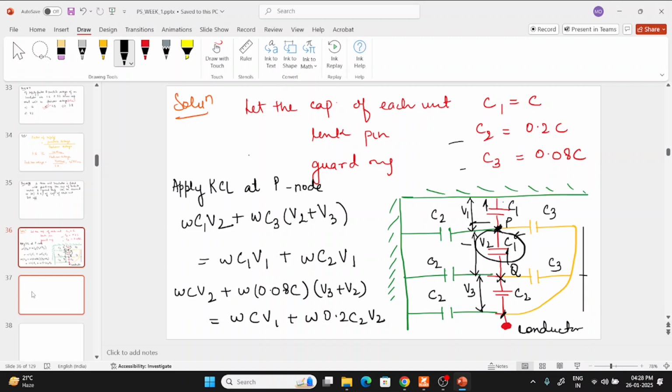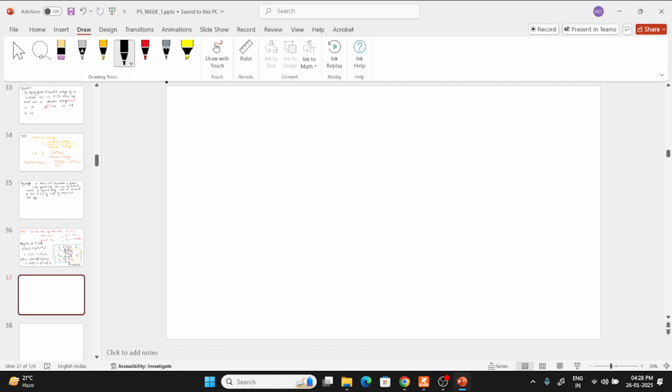Now after this, the common terms, you can see here omega and C are common. So what will be remaining here?